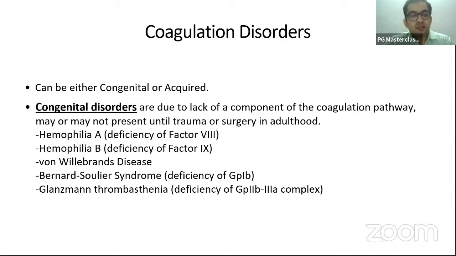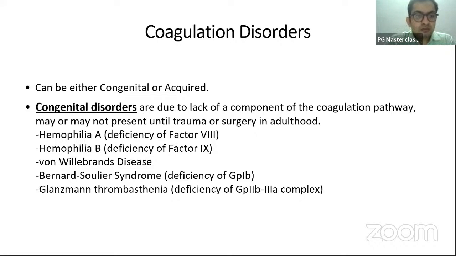For example, in hemophilia A, there can be a mild, moderate, or severe disease, depending on the percentage of factor 8 as compared to normal. 2 to 50% would be a moderate hemophilia, and less than 2% would be severe hemophilia. Severe hemophilia can present with spontaneous bleeding, in the form of hemarthrosis, whereas mild hemophilia may not present until late adulthood, when the patient might suffer any trauma.